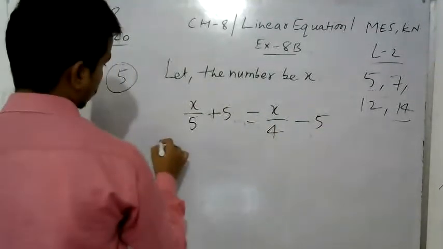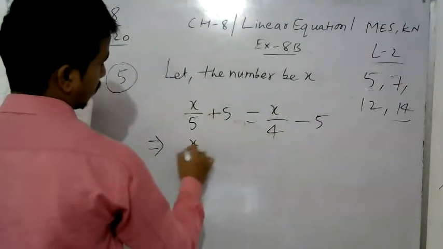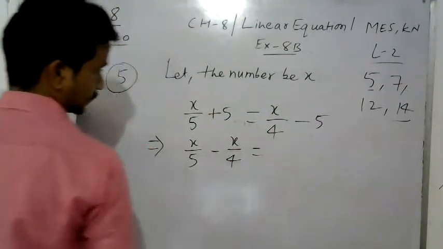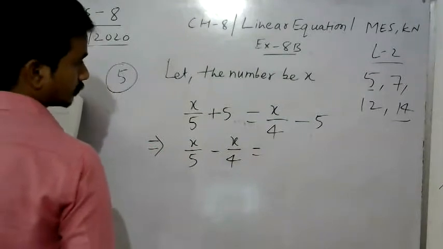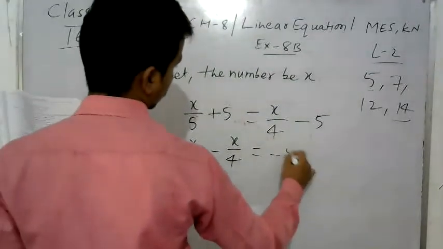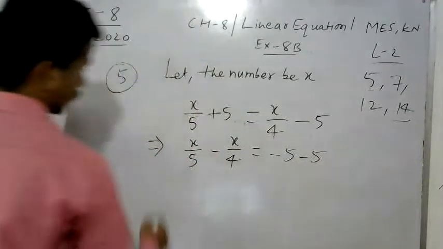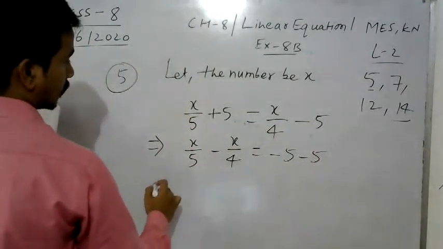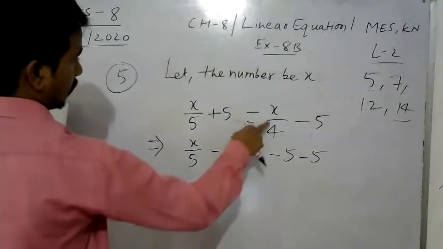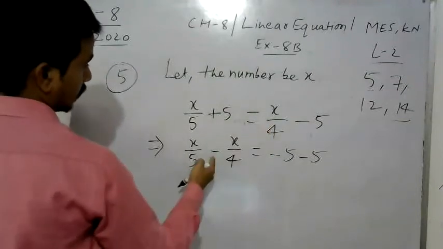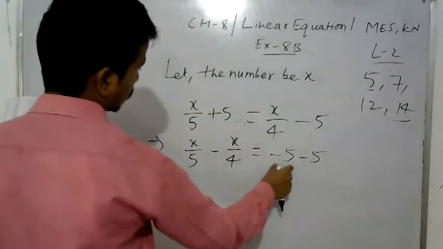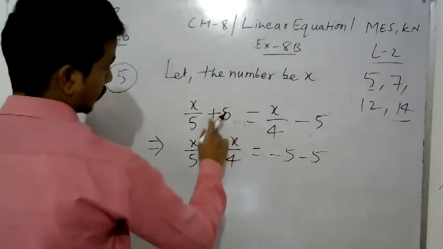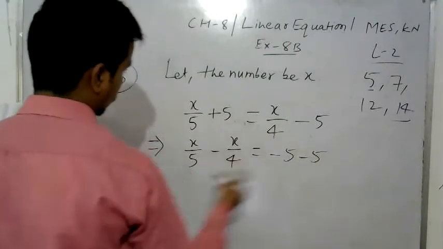So now this implies x by 5 minus x by 4 equals negative 5, negative 5. Okay. So I have brought x by 4 here and negative 5 is also there, and plus 5 will go there and it will become minus 5.